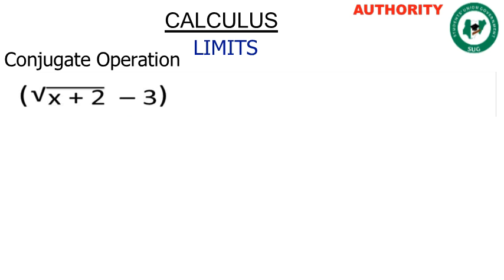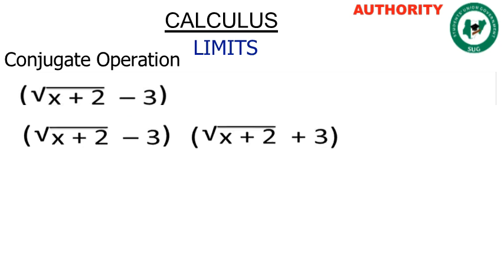This expression has two terms: square root of x plus 2 and 3. What is separating these two terms? Minus. So in conjugate operation, we are going to multiply it by square root of x plus 2 plus 3. That is the conjugate. You understand?